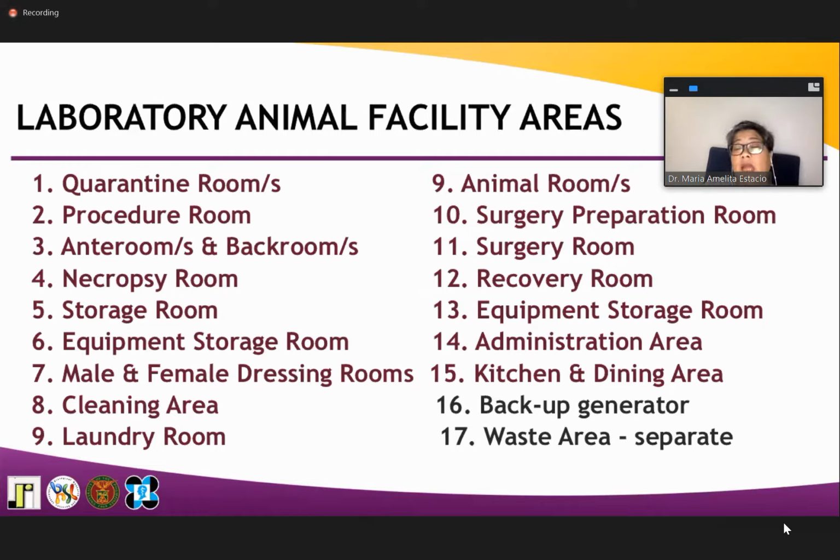Some of these may not be applicable based on your institutional or end users' research activities. But in a biomedical research that is very active in doing drug development research, therapeutic research, immunology research, or biomedical device development and testing, these are the usual areas of a laboratory animal facility.